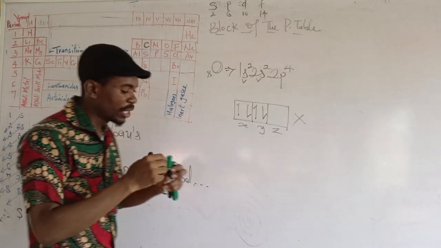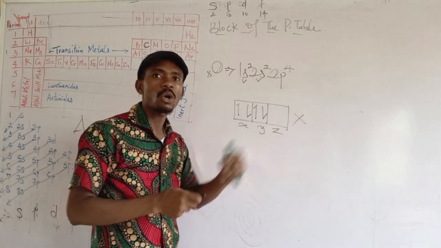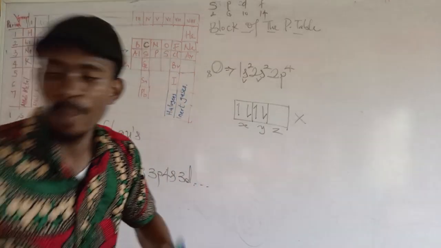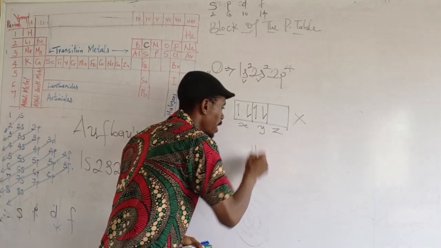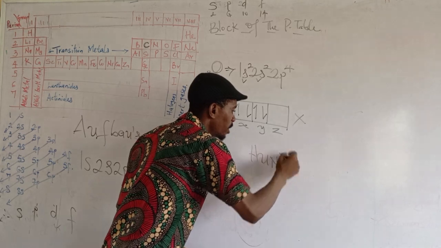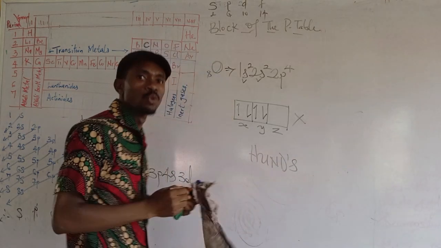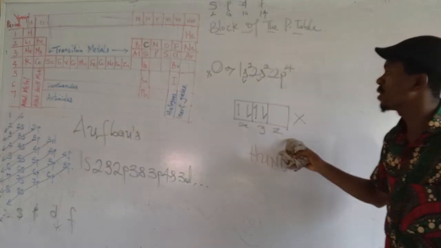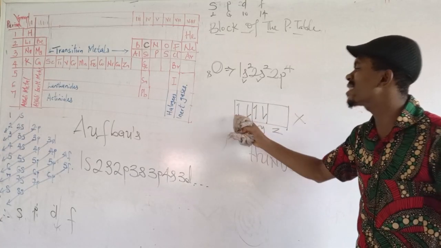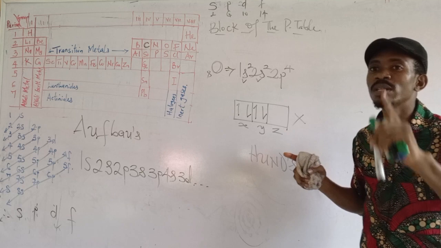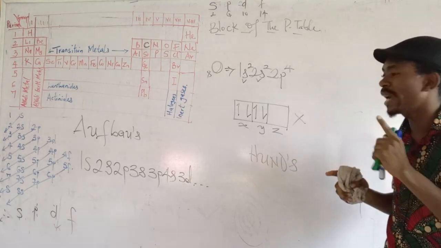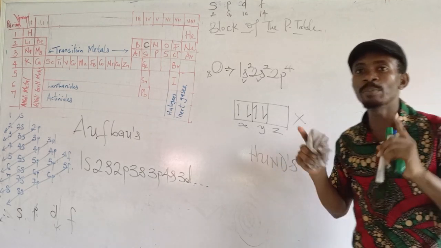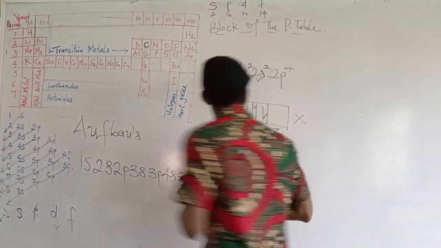But this will be wrong. Why? Because there's a principle in operation here called Hund's rule. Hund's rule says that when filling electrons into this block, electrons must occupy singly first before they start pairing. And the reason behind that is the mutual repulsion which exists in each orbital.